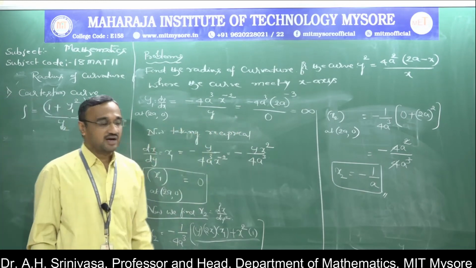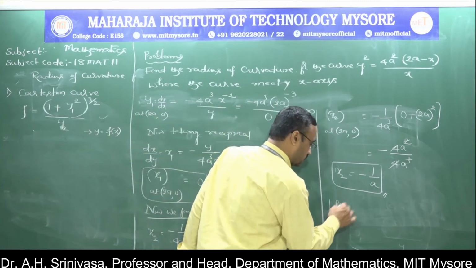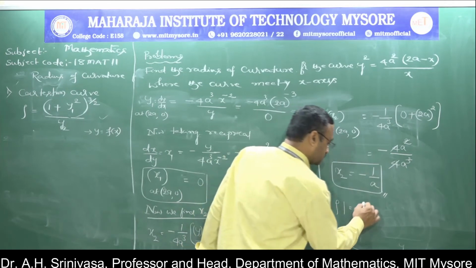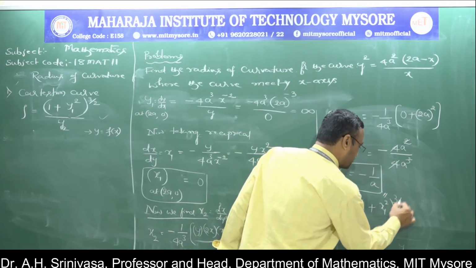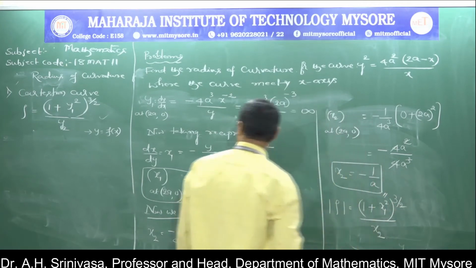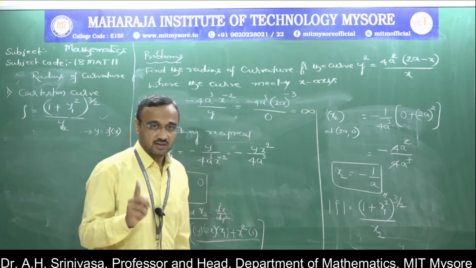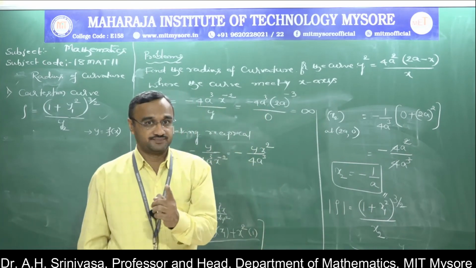For this result, you have to remember, in that case we have to use the formula. It's an absolute value. Rho should be equal to (1 plus x1 square) whole power 3 by 2 divided by x2. You have to remember. Understand why I am changing from y1 to x1.